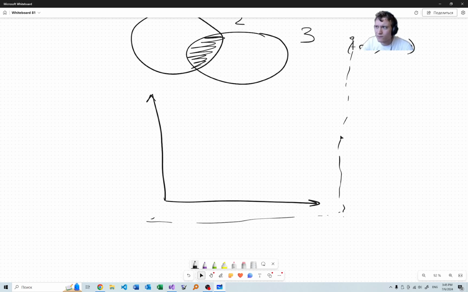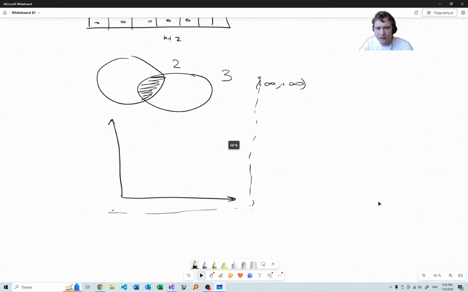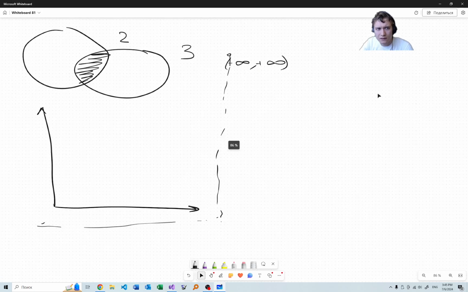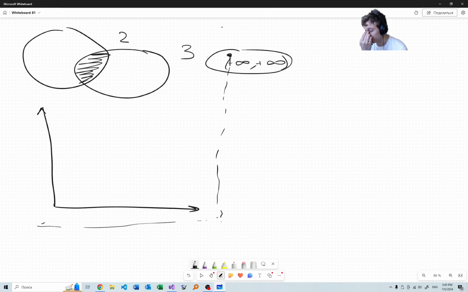So actually we want to find the number of points for which this is unreachable. Okay. So how do we do it? How do we approach this problem?